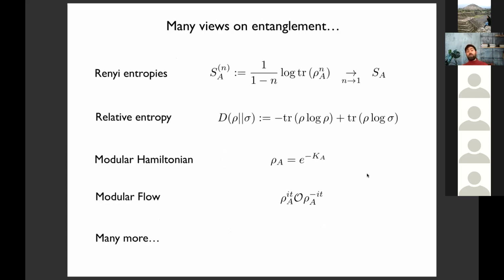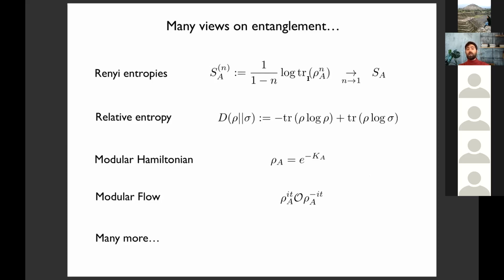Okay, so now there are many ways to measure entanglement. One that is very important is the Renyi entropies. The Renyi entropies are a 1-parameter family of generalizations of the entanglement entropy. They carry an integer index n, and they are defined in this way.